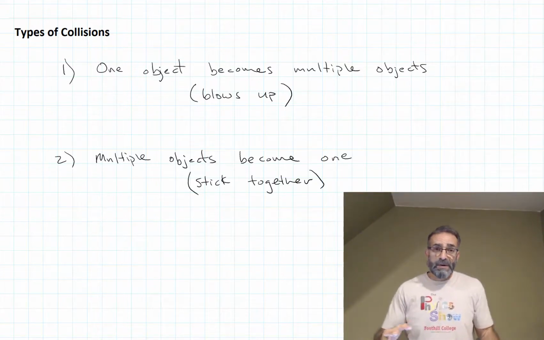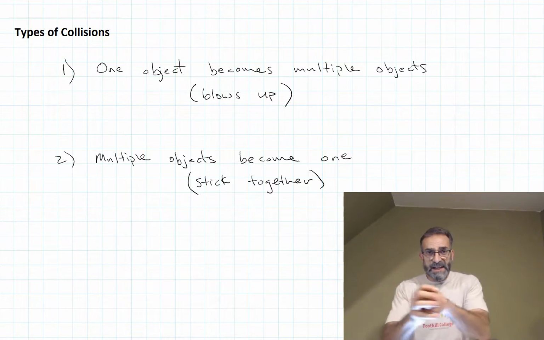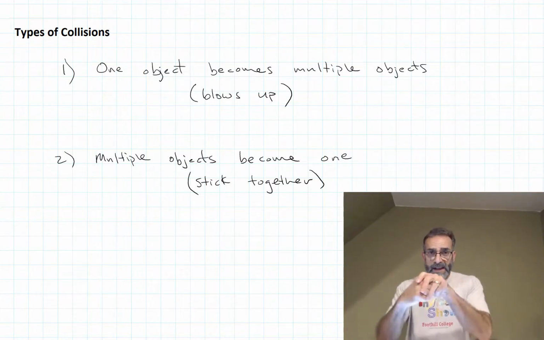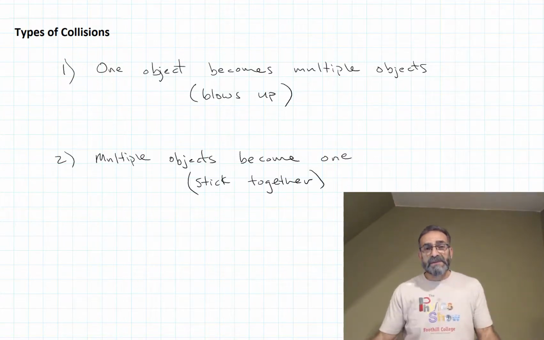Or if you throw a clay ball at something and it hits it and sticks to it, and the two objects move as one. Or maybe you've shot a piece of wood with a bullet, and the bullet gets lodged inside the piece of wood and it moves together. Those would all be examples of this type of collision.